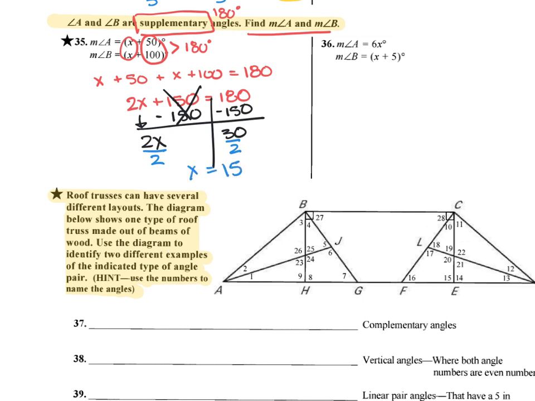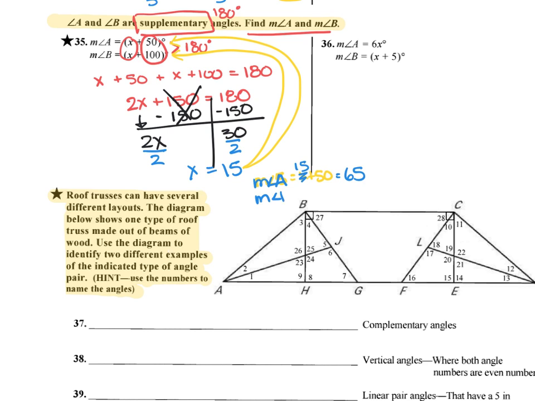And again, I'm going to take that and plug it back into the 2 expressions that I have above here. And I know that the measure of angle A is x plus 50. And since x is 15, I know that the measure of angle A has to equal 65.